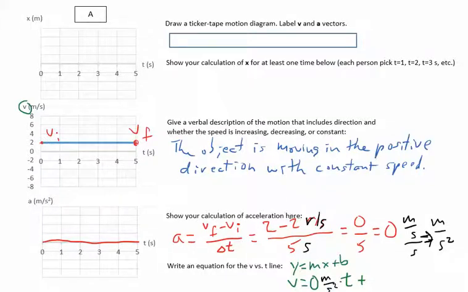It is v0, v at time 0, and we can see that that's going to be 2. So plus 2 meters per second. Alright, so that is an equation for this line. If you want to simplify this, we can simplify it like so. 0 times t is 0, so it's just going to be 2 meters per second.